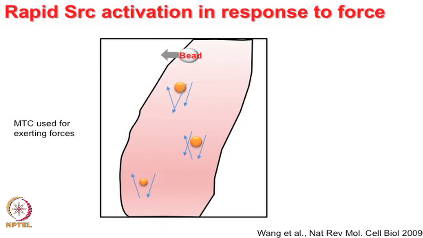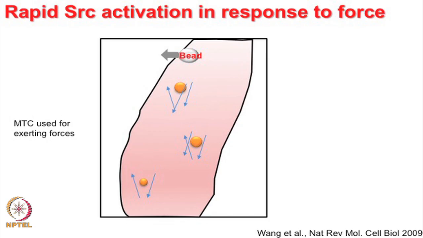This is another example in which what has been done in this experimental setup is a bead has been physically linked on top of a surface of a cell by coating the bead with some extracellular matrix protein and allowing it to settle on the cell.